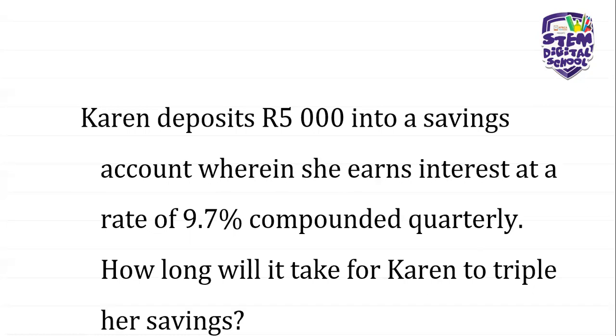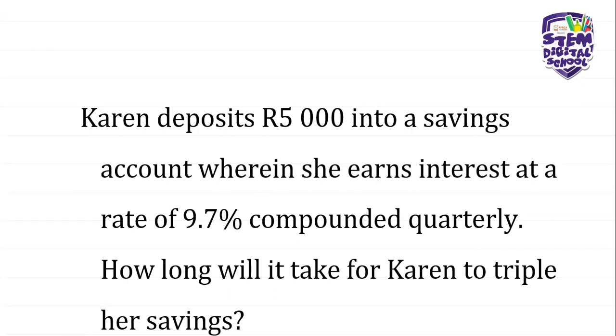So once again, you need to be able to identify the given information. There is no doubt that P, which is the principal amount, is 5,000 rands. There's also no doubt that we are given the accrued amount, although it is not written there in figures.